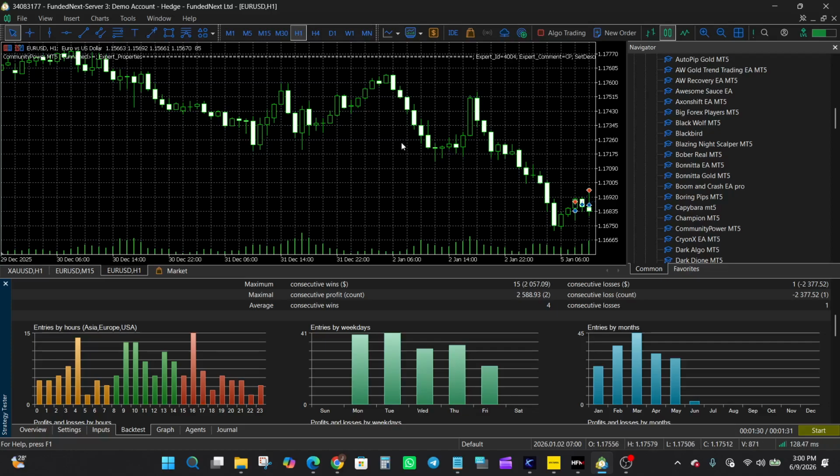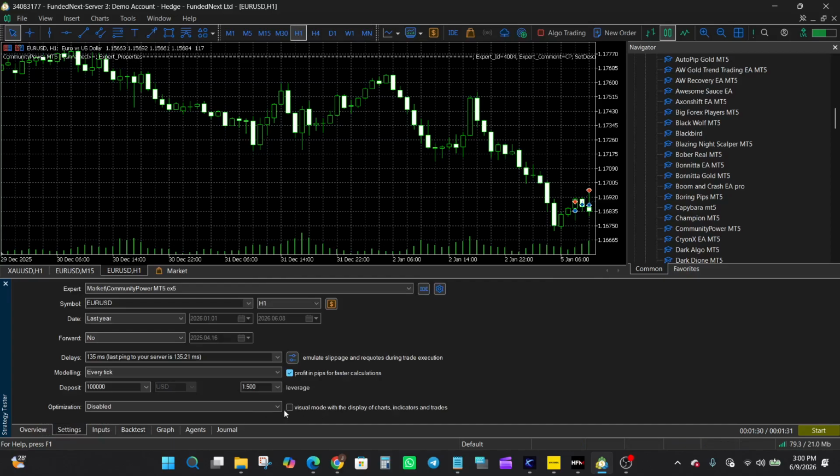Outcomes can vary significantly, depending on configuration choices, broker conditions, execution quality, and overall market environment. So that is why I would always recommend testing different configurations over longer periods before considering any live application, especially with a system that is designed to be customized like this.